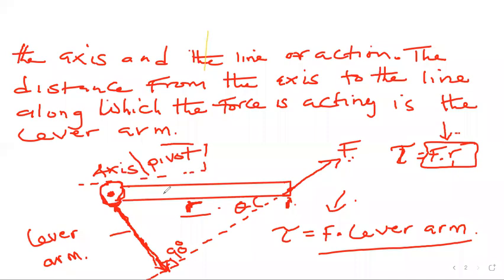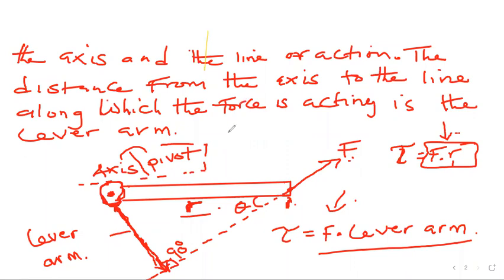All right, thank you. But what did you say about the axis? Is it the same as the pivot or is it different? Yes, exactly, it's the same. The axis is the same as the pivot. But I thought that the axis has to be a line.